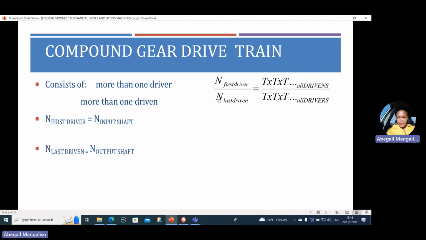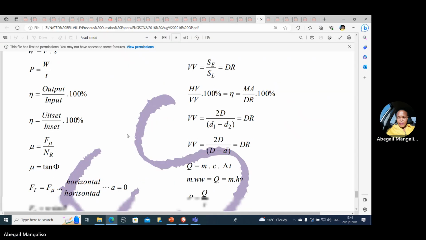But when we are using the N, it is still the first driver divided by the last driven, even if it is a compound. Velocity ratio is N of the first driver divided by N of the last driven, input over the output. Let me show you how it is given, the formulas and exams.